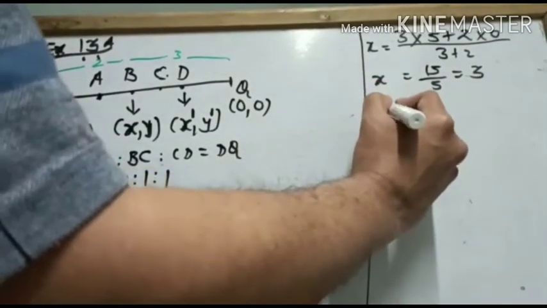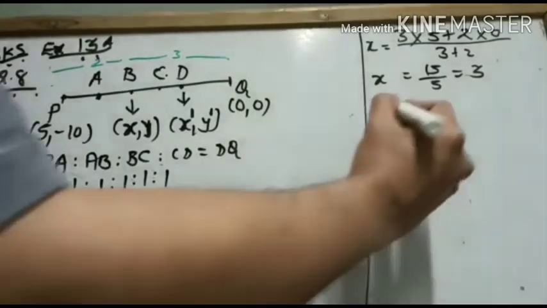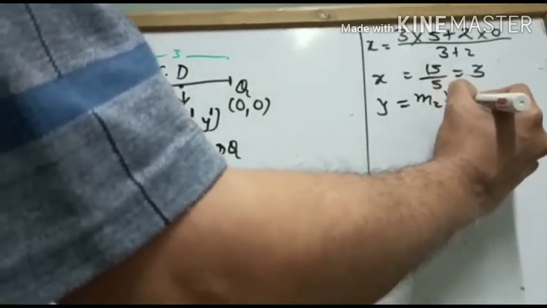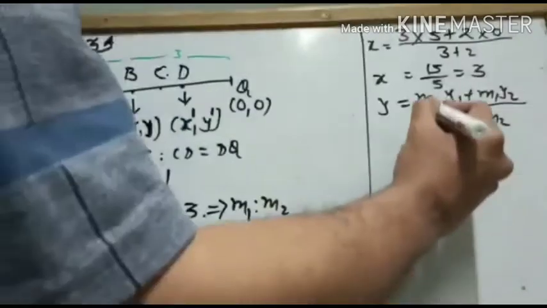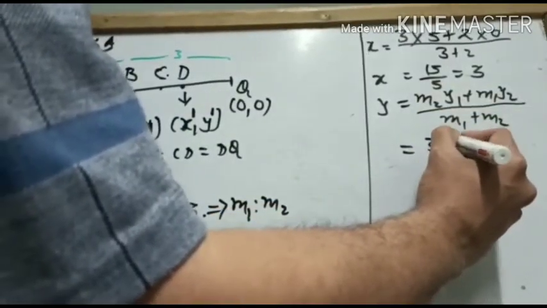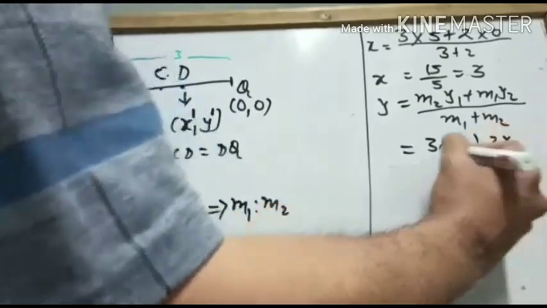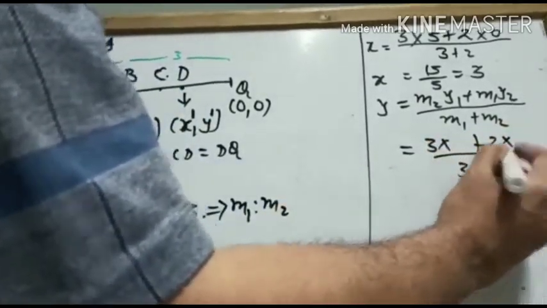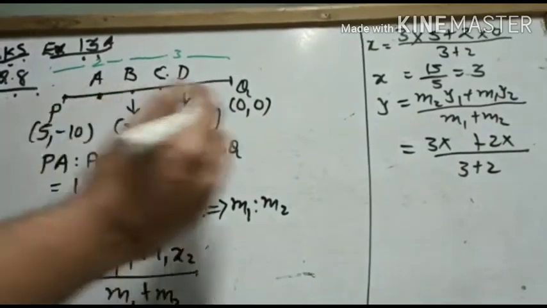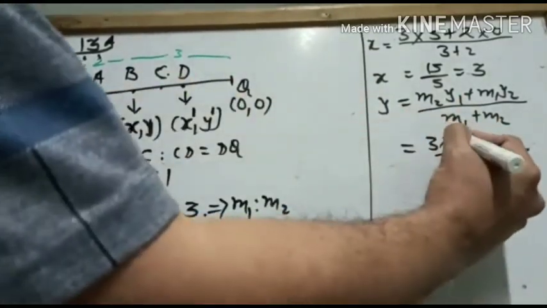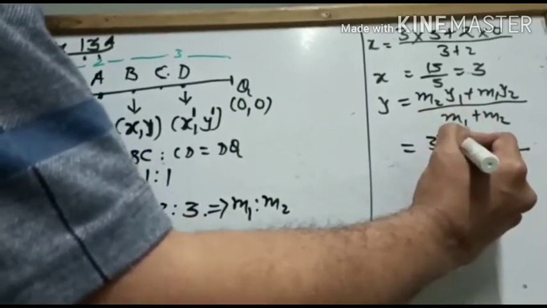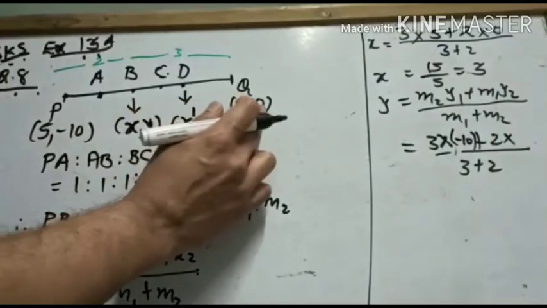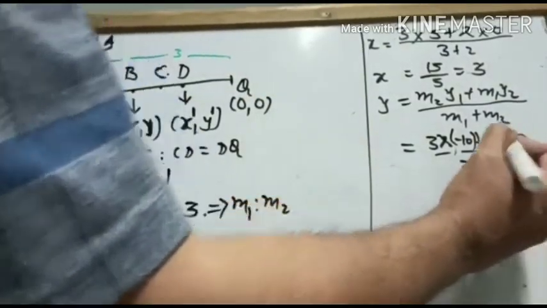We can find the y coordinate of B in the same way. It is (m2 y1 plus m1 y2) whole divided by (m1 plus m2). m2 we know as 3, m1 we know as 2, 3 plus 2, y1 is negative 10, and y2 will be 0.